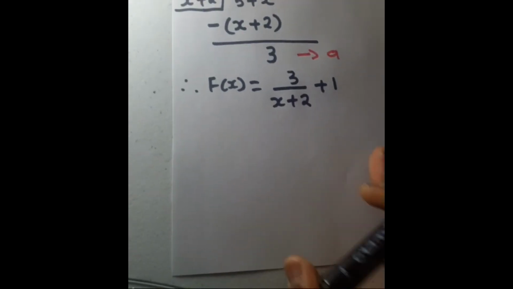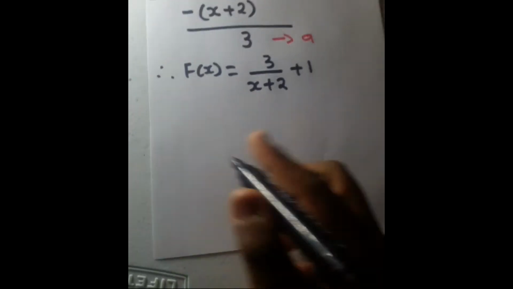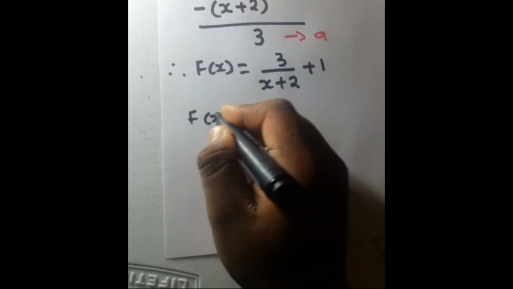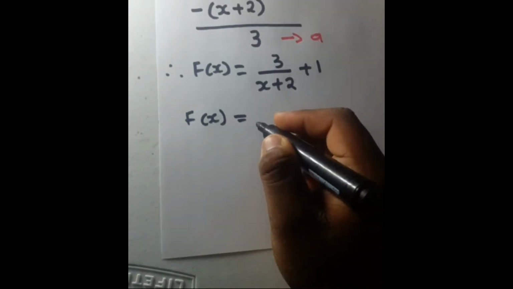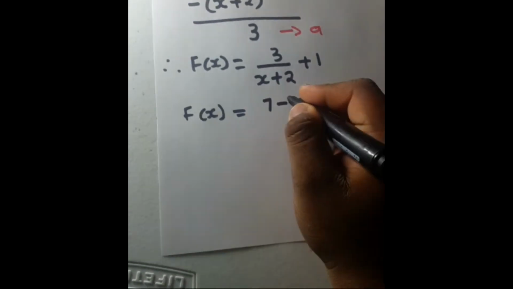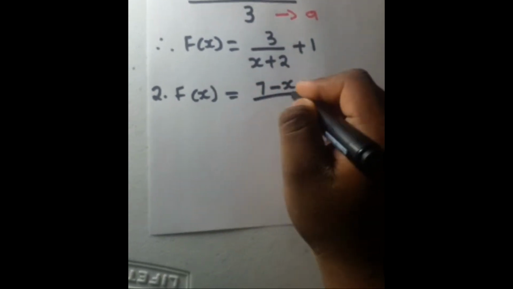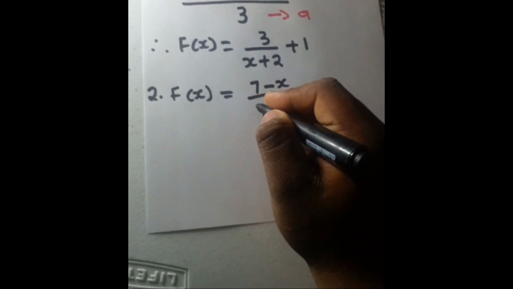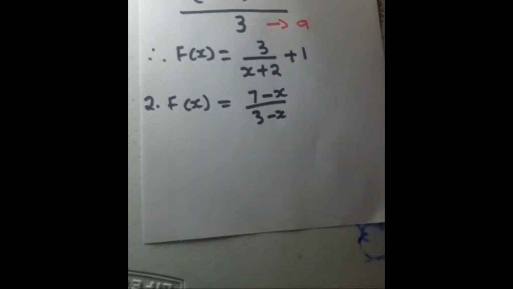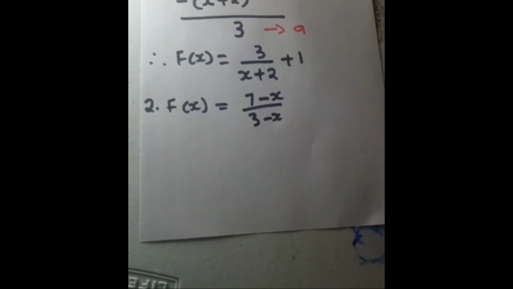Now the second question. What if they say f of x equals 7 minus x over 3 minus x? What if they say that?